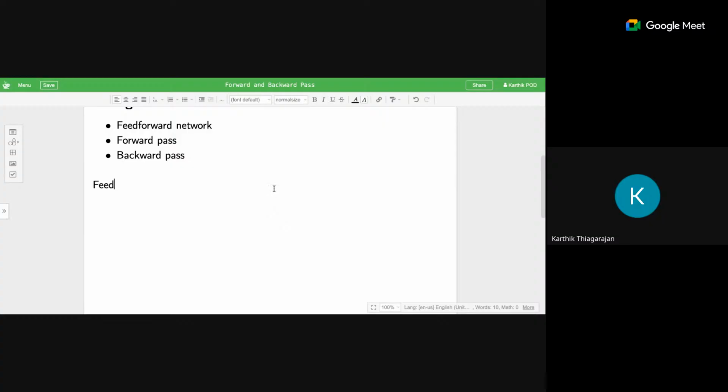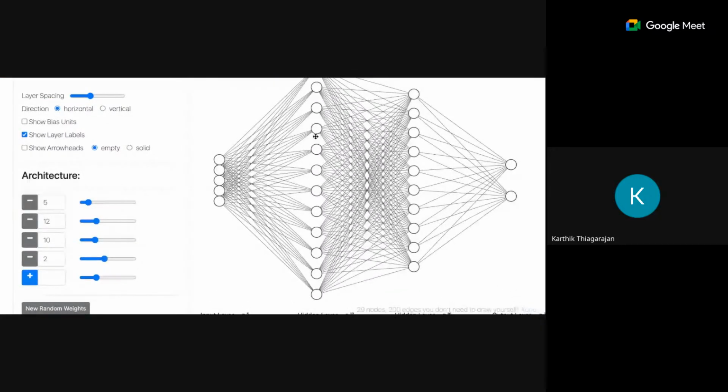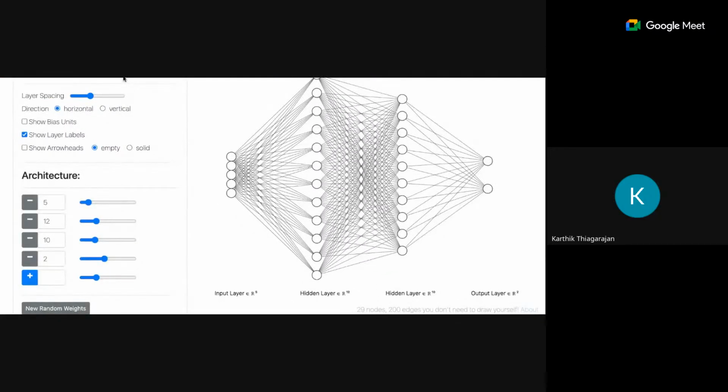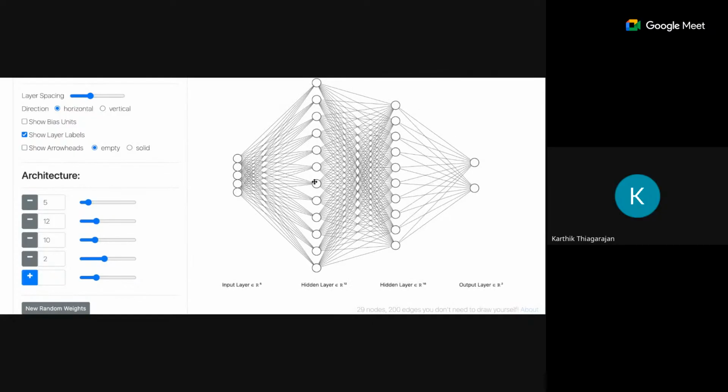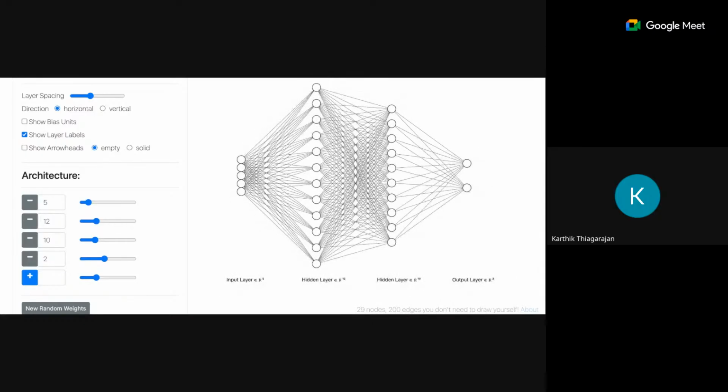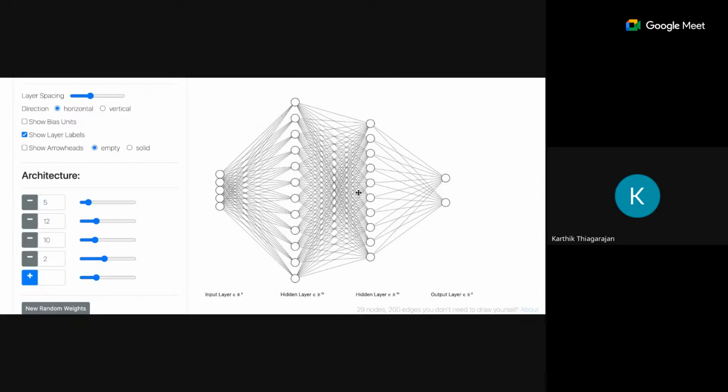Okay. So first is a feed-forward network, right? That is what we are going to look at first. This is a very convenient tool that is available online to just visualize networks with different number of layers. I'll go over this part quickly because you all should already be aware of what a feed-forward network is.